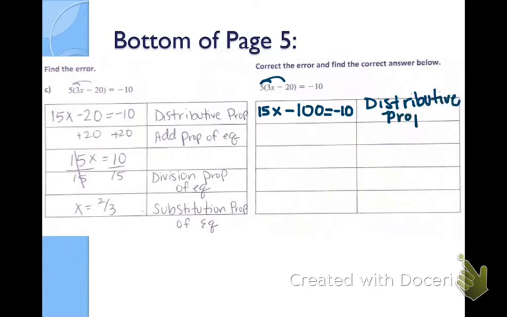Is this a property of equality? It is not. My next step is to close. Add 100. It's okay. It's Monday. So that is the addition property of equality.